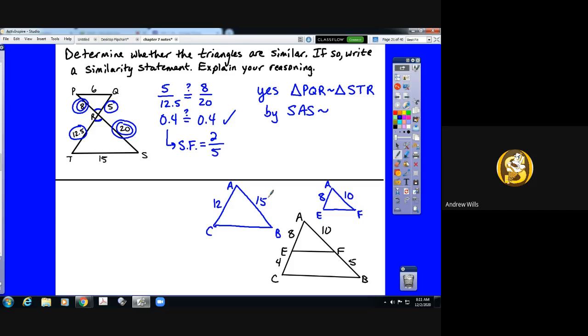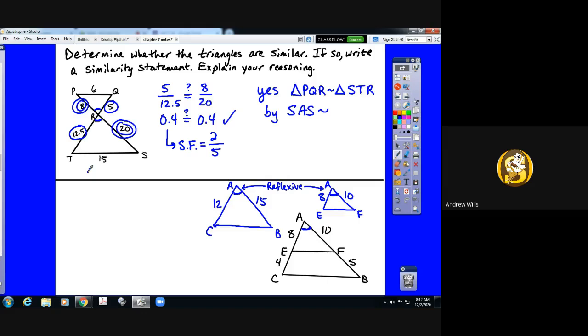Now that's only two sets of side lengths, so we also need a reason why this angle in between those side lengths is congruent. Well, in the original picture, it's reflexive. So that angle would be marked congruent because it's the same angle in the original picture. So those two angles are reflexive. That gives us our angle pair.